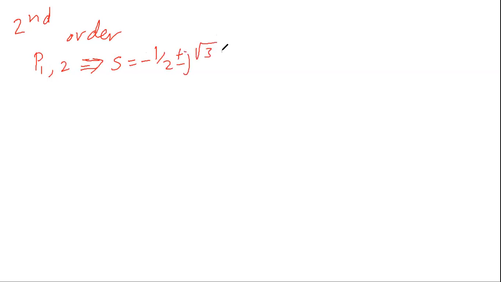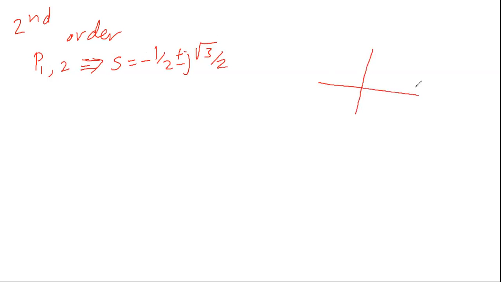And you have P1 and P2. They are located at s equals negative half plus or minus j square root of 3 over 2. So you have two poles.